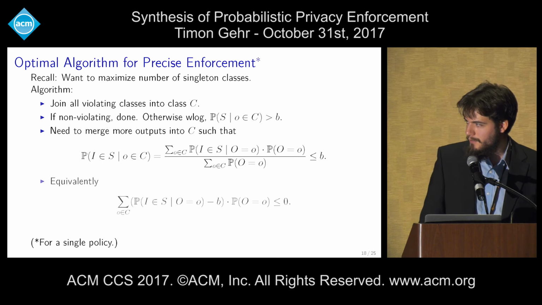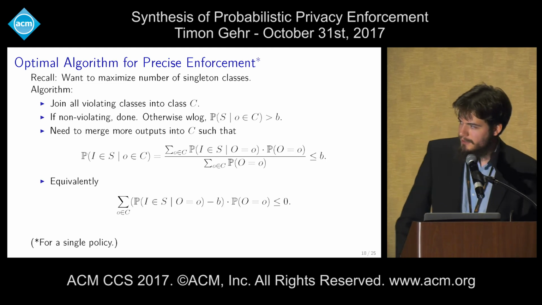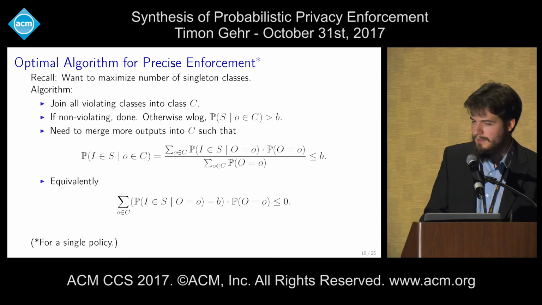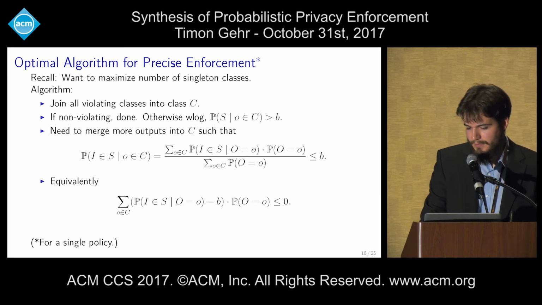Now, we need to merge some more outputs into this class C that contains multiple outputs, such that this condition is satisfied. This is just saying the probability of the secrets, given that the output is in this class, needs to be at most B. If you expand it, it's equivalent to this. We can write this in a different way.